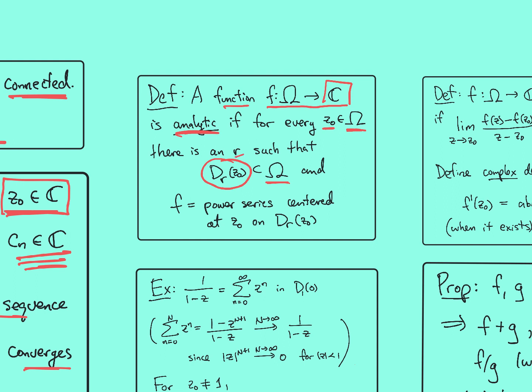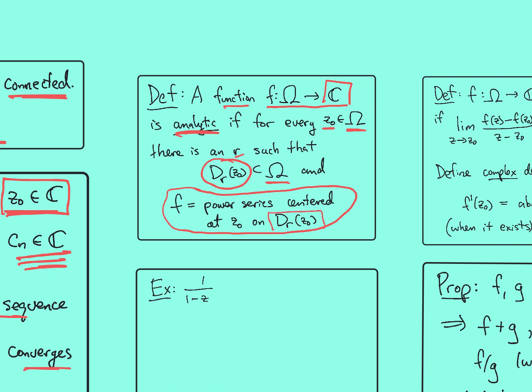So there is a radius r so that there's a disk inside omega, and such that f is equal to a power series centered at z0. And the power series converges and is equal to f on this disk.